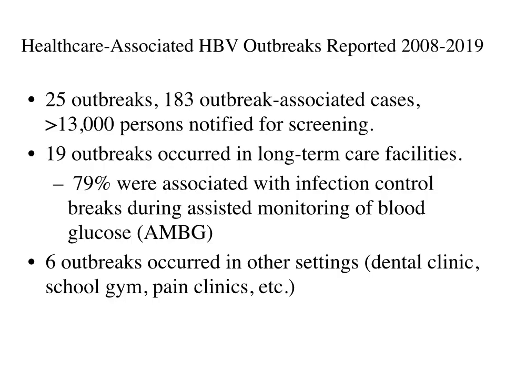This slide summarizes the healthcare-associated outbreaks of hepatitis B virus infection that were reported in the United States during 2008 to 2019. Because of the long incubation period, which can be up to 6 months, and a typically asymptomatic course of acute hepatitis B infection, it's likely that only a fraction of such outbreaks that occurred have been detected, and reporting of outbreaks detected and investigated by state and local health departments is not required.